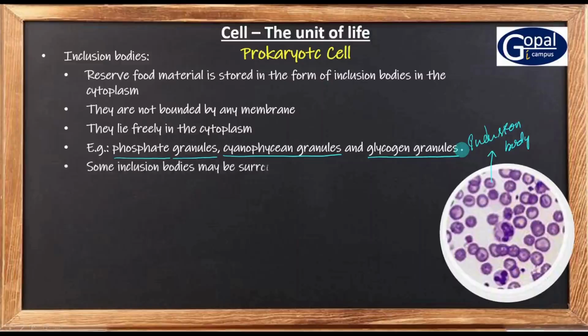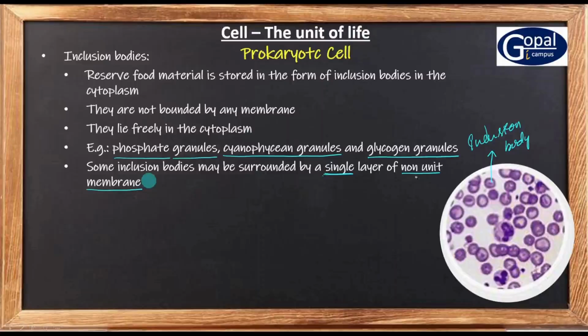See, some inclusion bodies may be surrounded by a single layer, but that layer is a non-unit membrane. Non-unit membrane means which is not made up of lipid bilayer. All the membranes which are made up of lipid bilayer are called unit membranes, right?